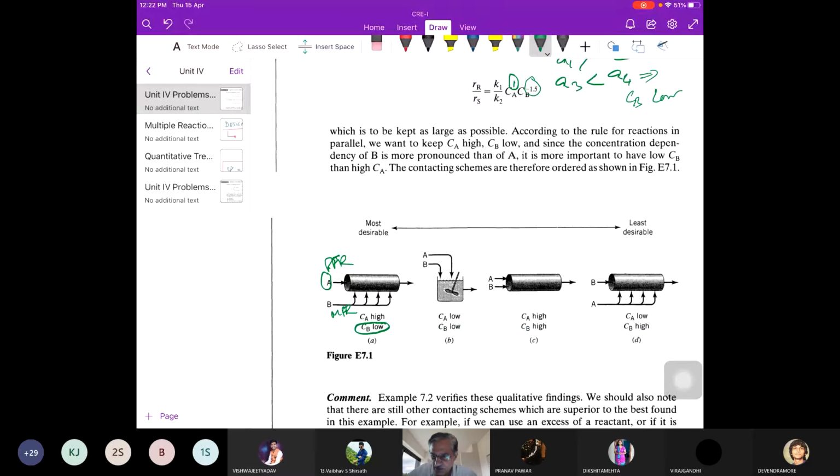We are not talking about conversion at all. मैं शुरू में बोला था, when we talk about product distribution, conversion कम भी रहेगा तो चलेगा, because you can recycle the reactants, but I don't want undesired product at all. ऐसा कुछ नहीं है मेरे को 90% कन्वर्जन चाहिए. मैं even if I get 80%, 70% conversion, I am happy with it. If I get 90% yield, याद है पीसी में किया था yield and conversion.